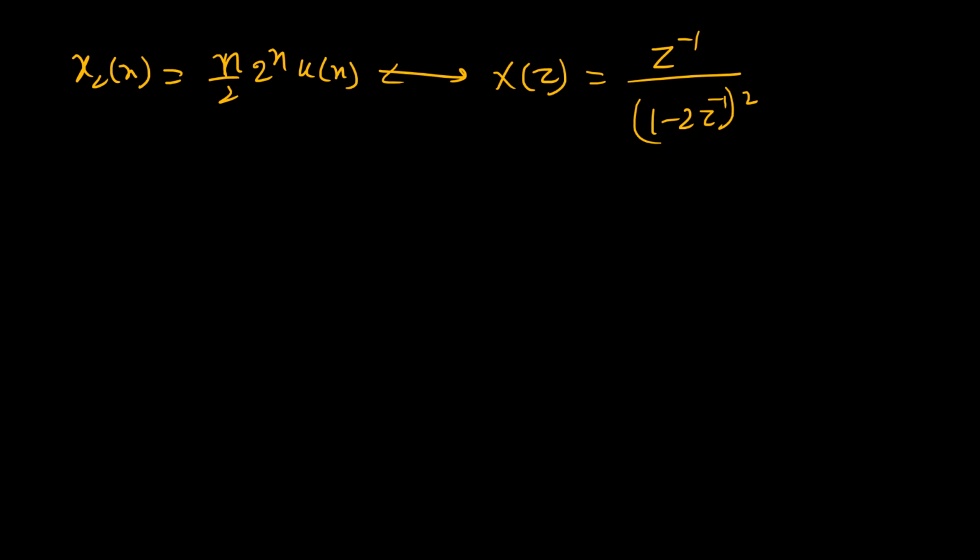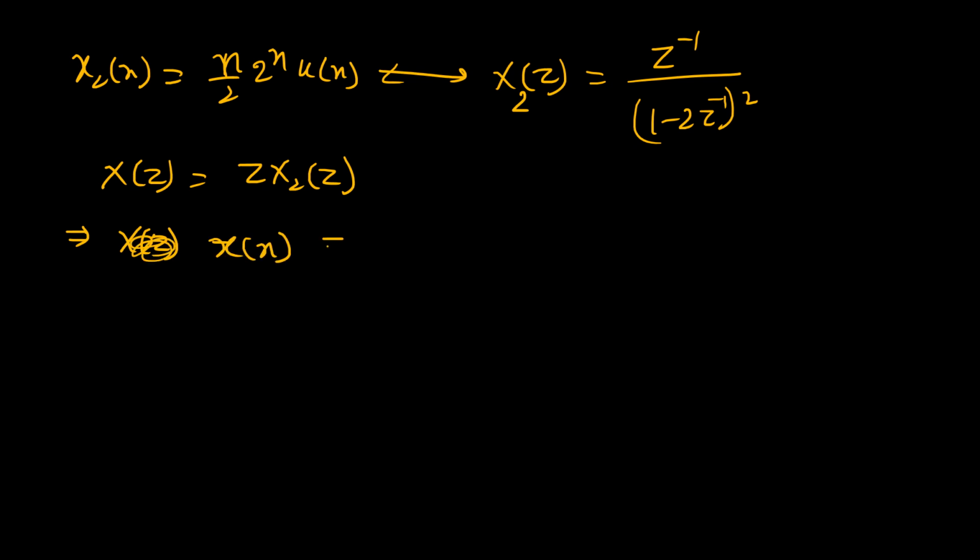So this is X2 of z. Now the original X of z is basically z times X2 of z. So x of n I can consider should be simply x2 of n plus 1.